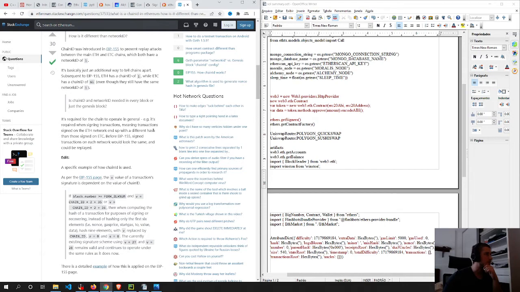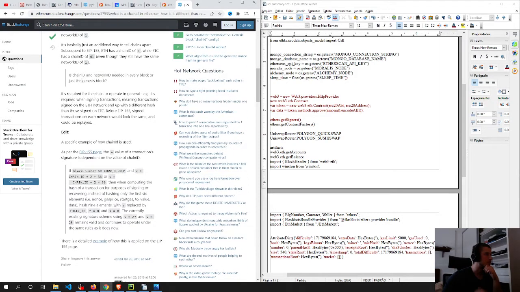It's basically just an additional way to tell chains apart. ETH has a chain ID of 1, while ETC has a chain ID of 61, even though they have the same network ID.